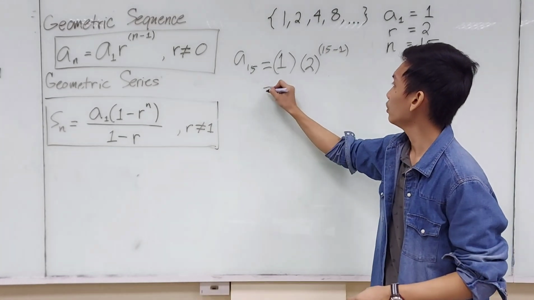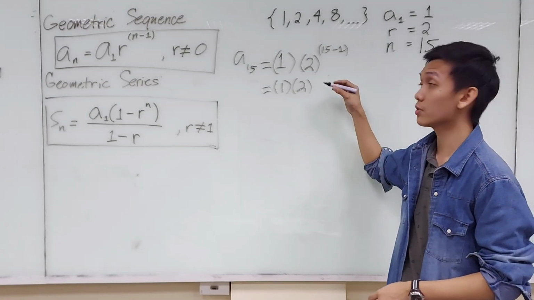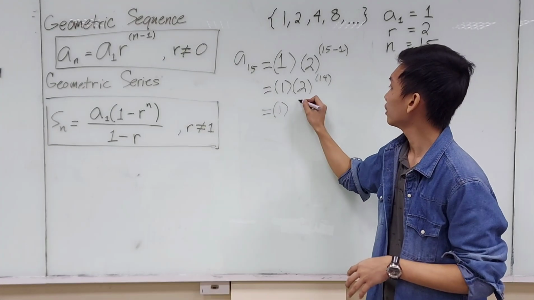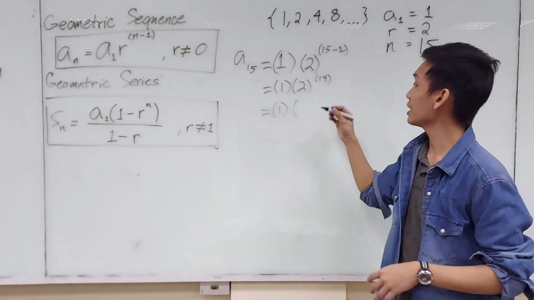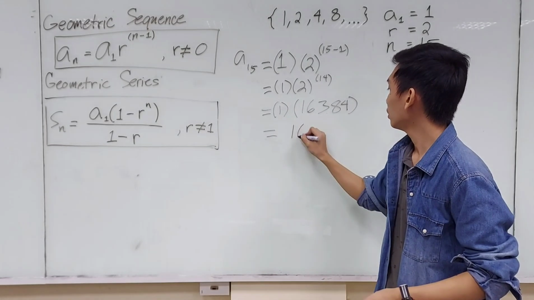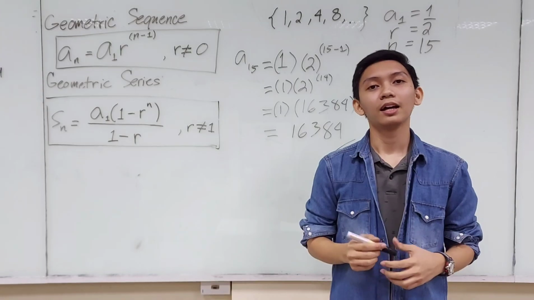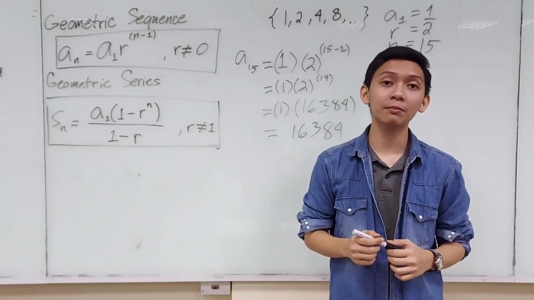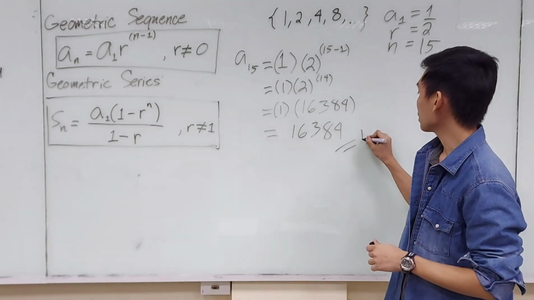This one, we just copy 1 times 2, then 15 minus 1 is 14. 1 times 2 raised to 14 is 16,384. Now we know that on 15th year, the extra bonus that Barbie will receive is 16,384 pesos.